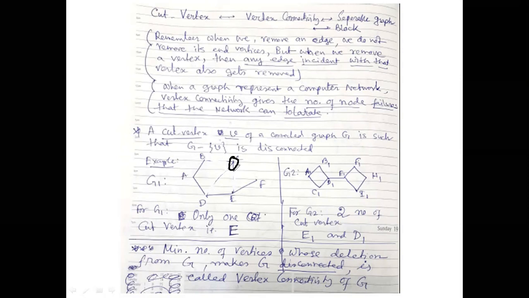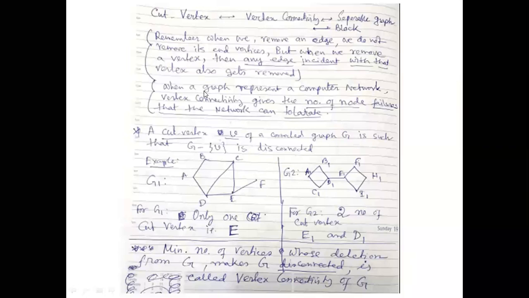This is the basic difference between the vertex connectivity case and the edge connectivity case, or rather the cut vertex versus cut edge difference. If we try to remove a vertex, automatically the edges incident on the vertex are removed, whereas in the case of edge connectivity, if we try to remove an edge, that does not mean that the end vertices are removed.